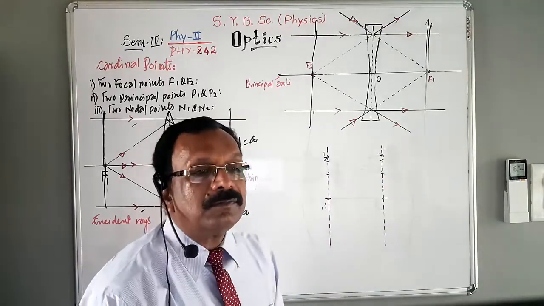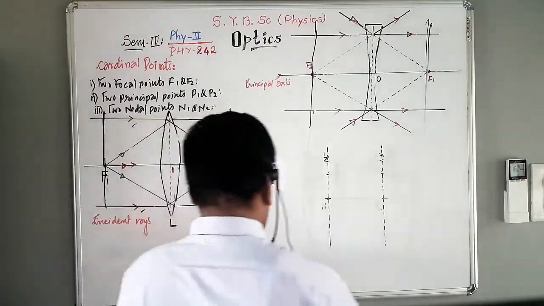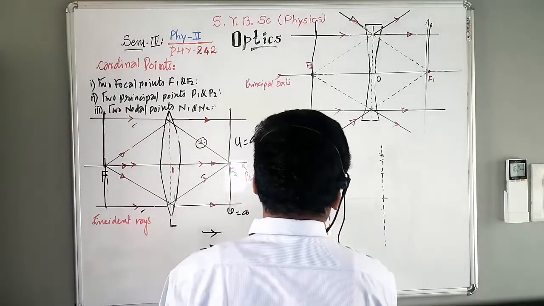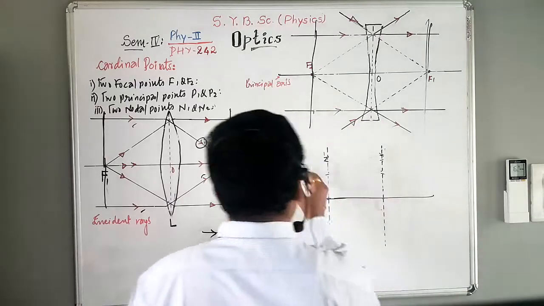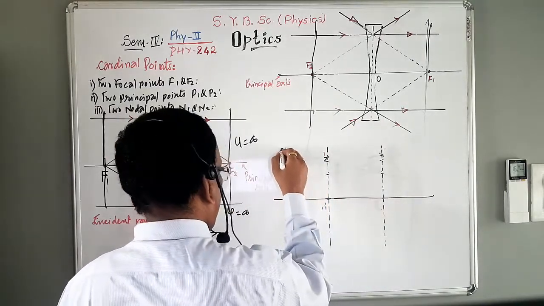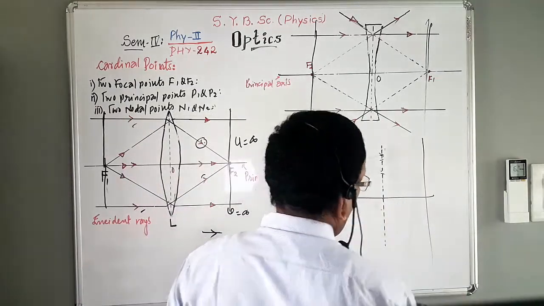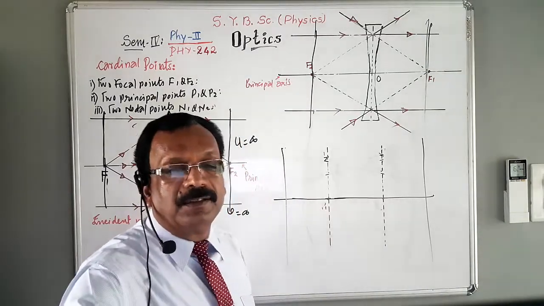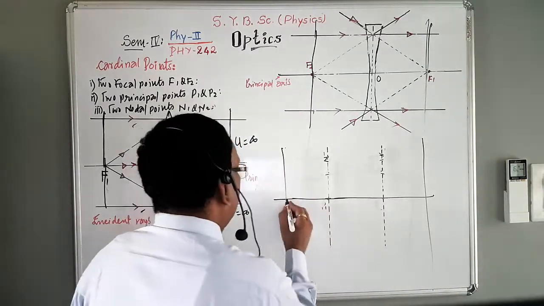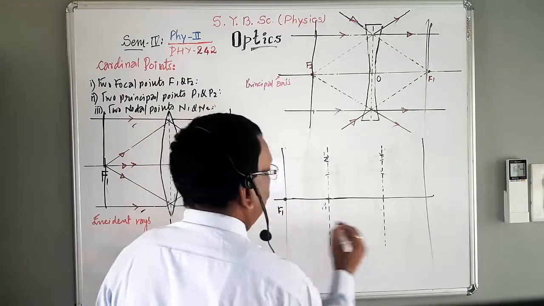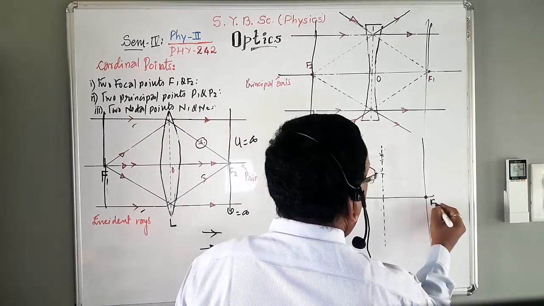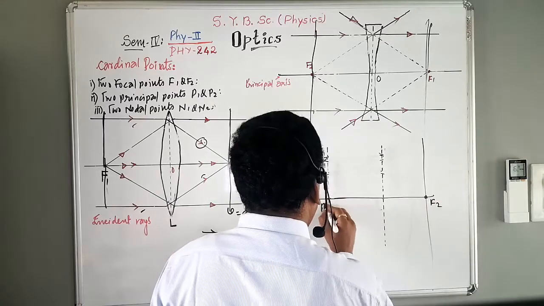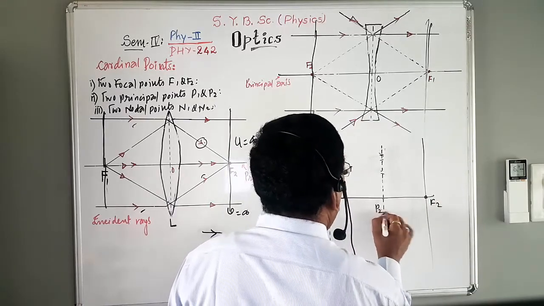See here, in this figure, this is the focal point F1, this is the focal point F2, this is the principal point P1, and this is the principal point P2.